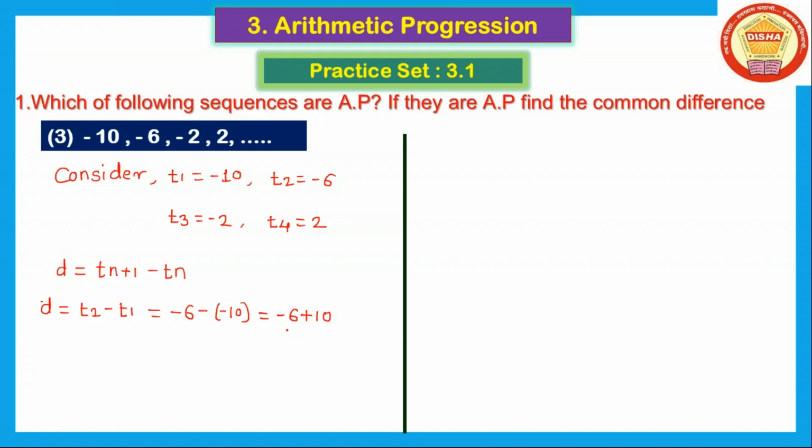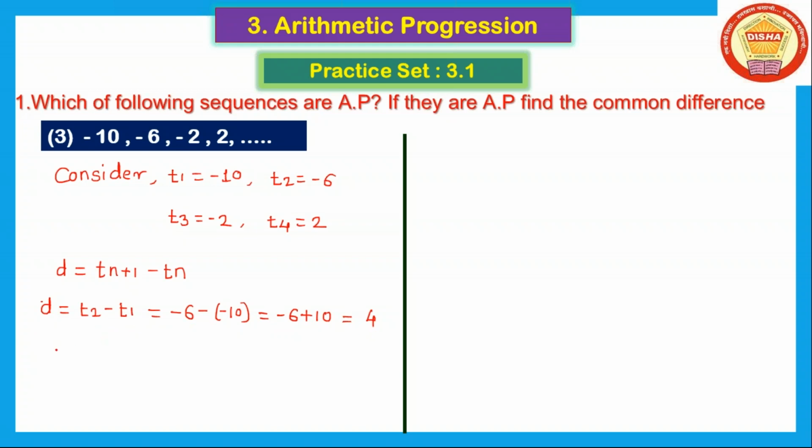Both have different signs, and if both have different signs, then we do subtraction. Subtract 6 from 10, that is equal to 4, and give the sign of the bigger number. The bigger number is 10 and its sign is plus, so we don't write the plus sign. The difference between the first two consecutive terms is 4.